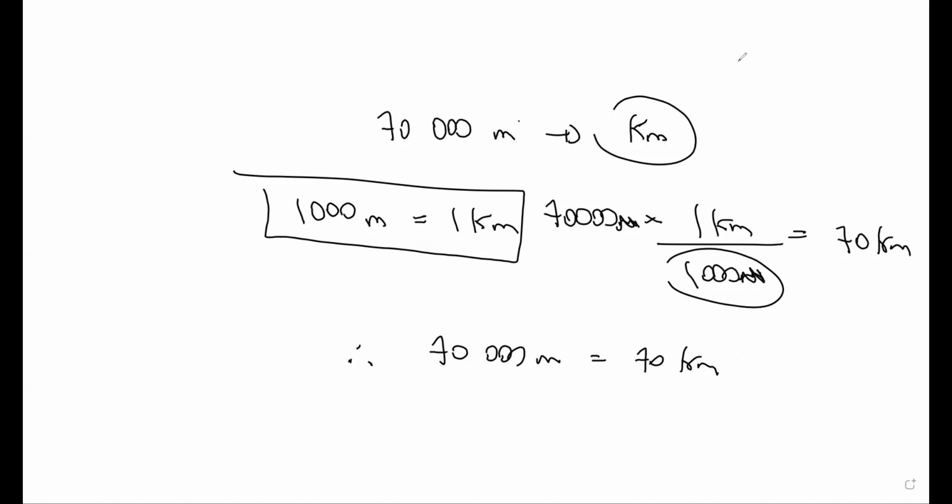Okay, so let's get rid of this. Now it says convert 3,500 centimeters to kilometers. This one is different because previously you had one of the units with no prefix in front of it. This one's more unfortunate because it's centimeters to kilometers. You actually have a prefix in front of both of them.